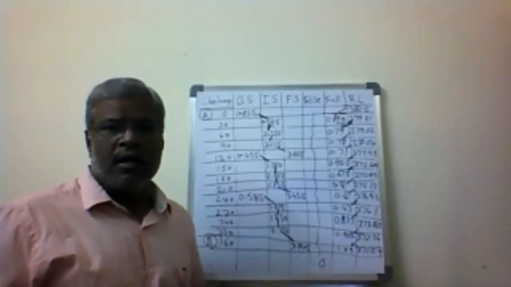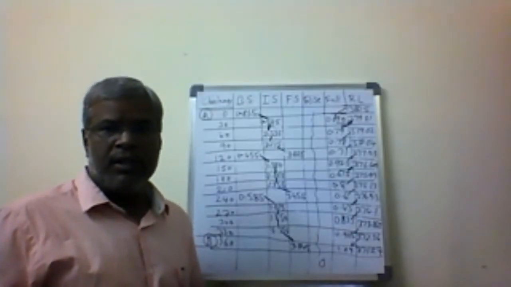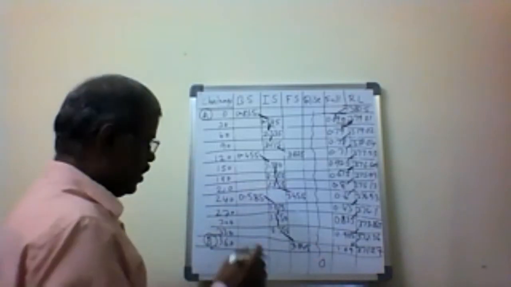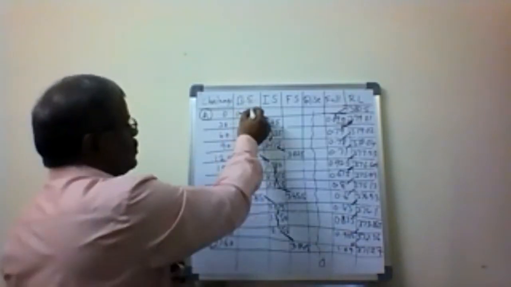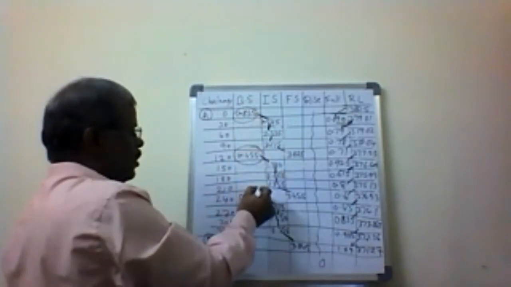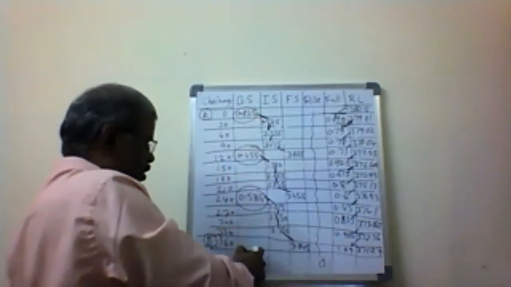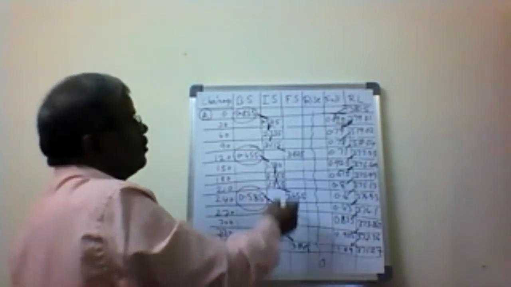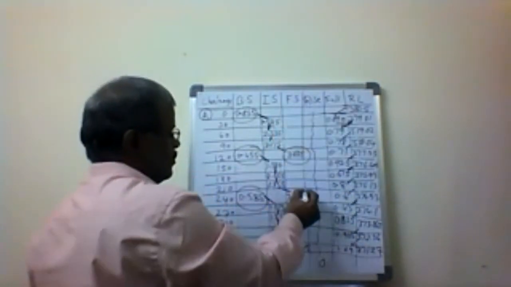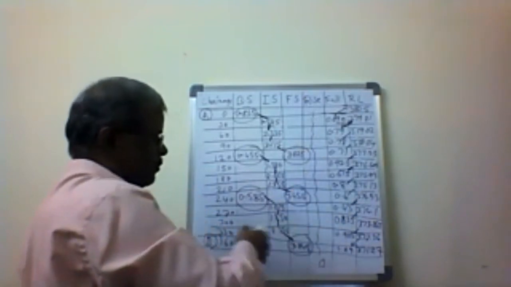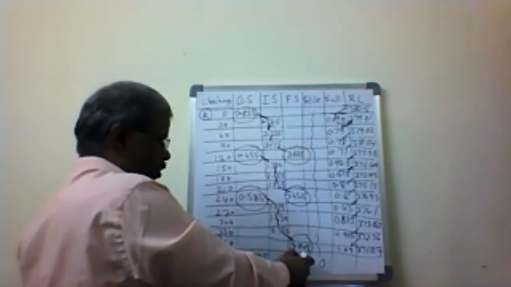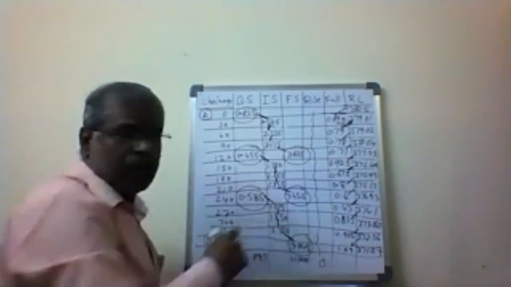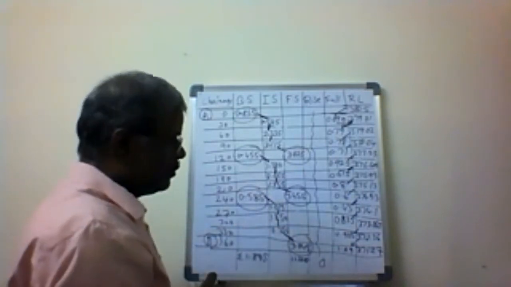Now we have to check whether the elevations we calculated are correct or wrong, based on the arithmetical check. The summation of all the backsights is 1.895, and the summation of foresights is 11.125.